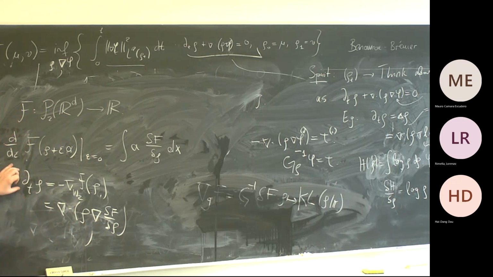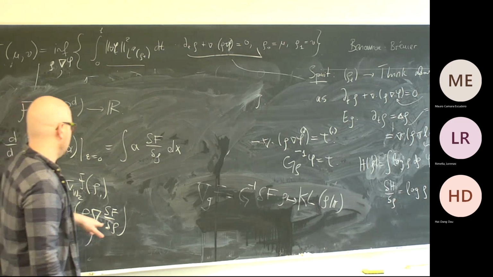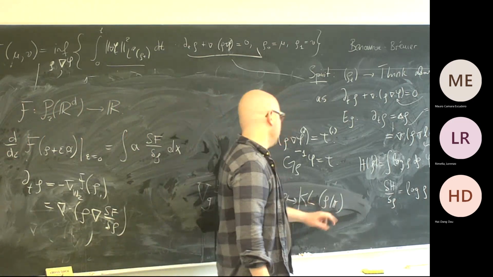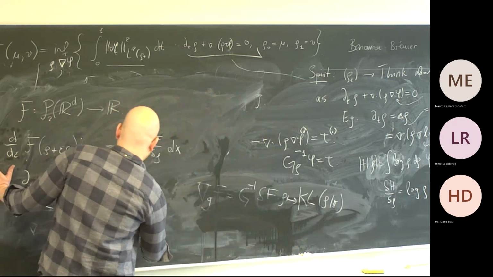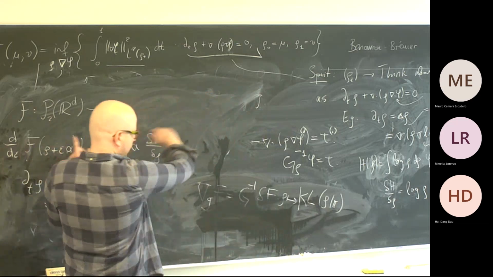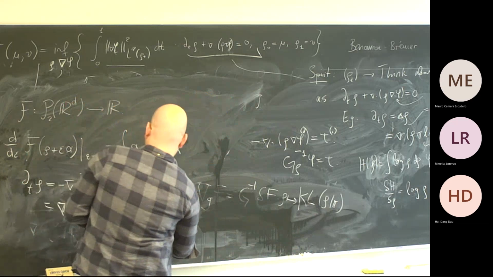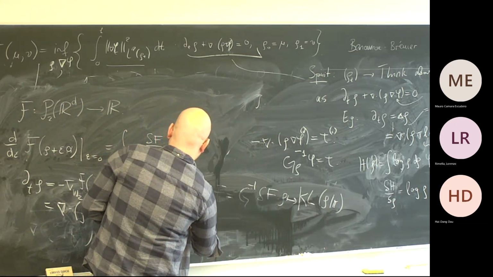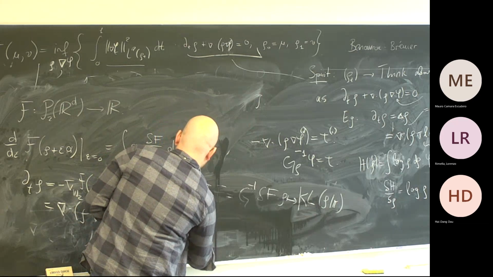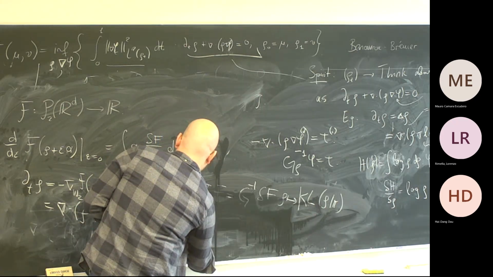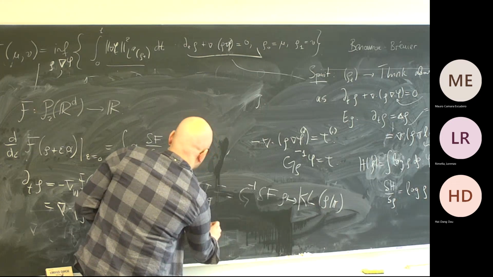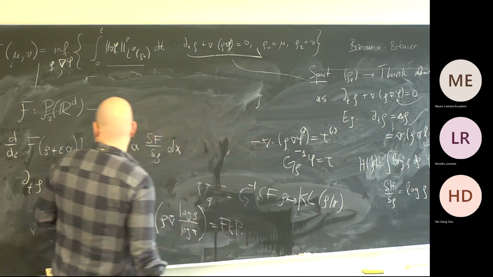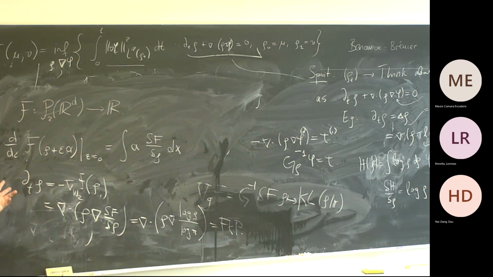Okay. And in the specific case, when F is the KL divergence between rho and pi, then this will look like this. When we do this, and this is the usual Fokker-Planck equation for overdamped Langevin.